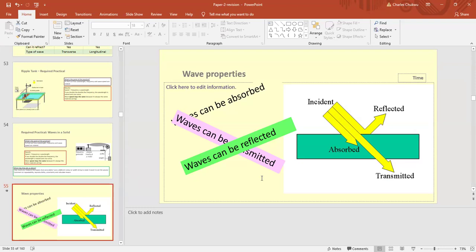Reflection is when the incident wave hits the surface of the medium or the object, like glass. It reflects, bounces off. Some of the light will still pass through, so you can see it if you put your eyes at the other side. And finally, some of it will be absorbed by the material.